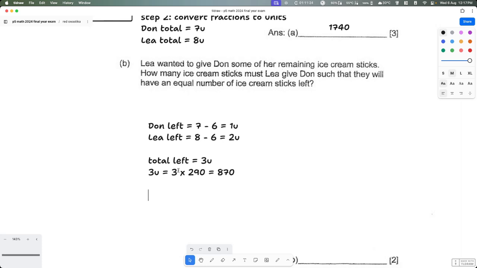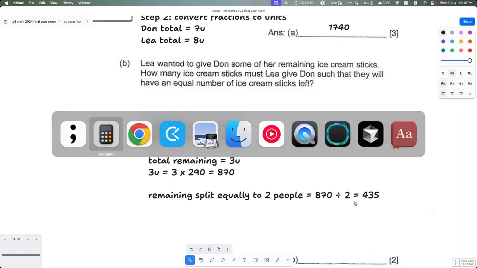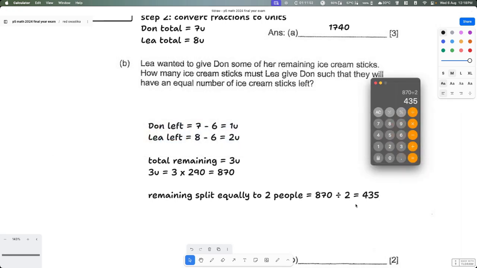If we split the remaining total equally, it is 870, and then we divide by 2 people, so this will be 435. Okay, so 870 divided by 2, 435.